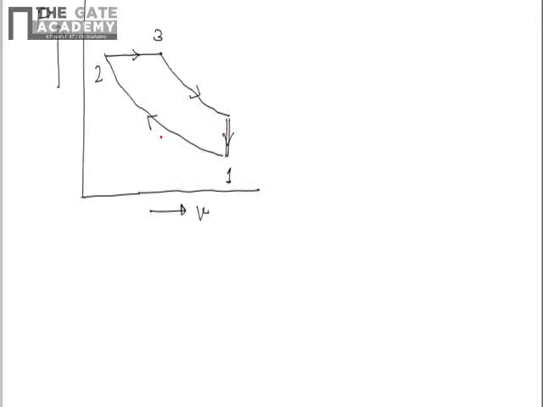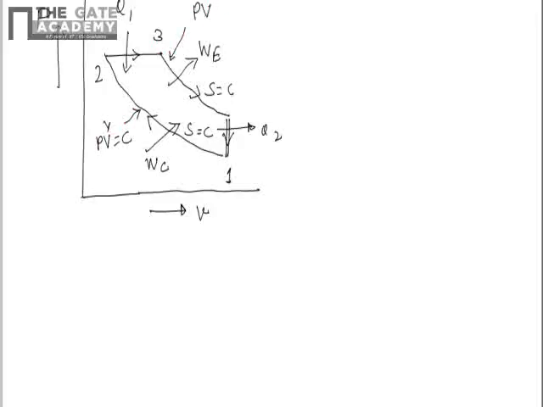So this one is compression, this one is heat addition, this one is expansion, this one is heat rejection. Similarly here S equals constant, S equals constant, and here we have PV to the power gamma equals constant. Similarly here, PV to the power gamma equals constant. So that is a typical representation of a diesel cycle on the PV diagram.